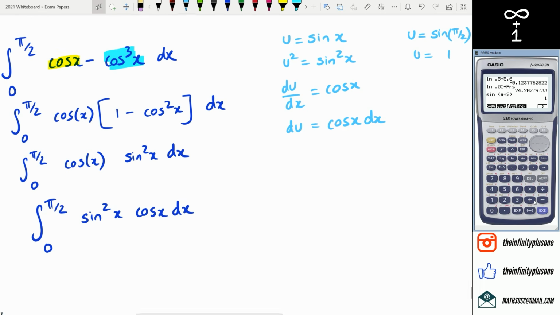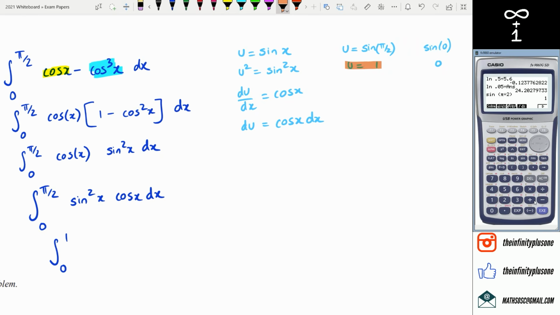So I'm literally going to rewrite this entire thing now with limits 1 and 0. The 1 is from here, so I've changed the pi over 2 to 1. Then I've replaced the 0 with the next 0.